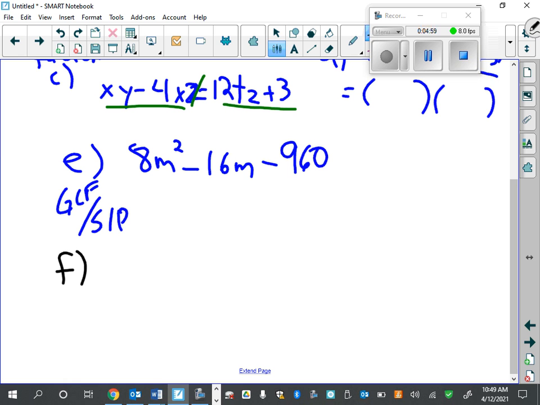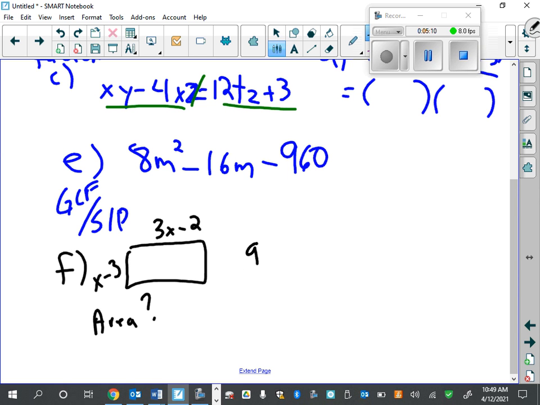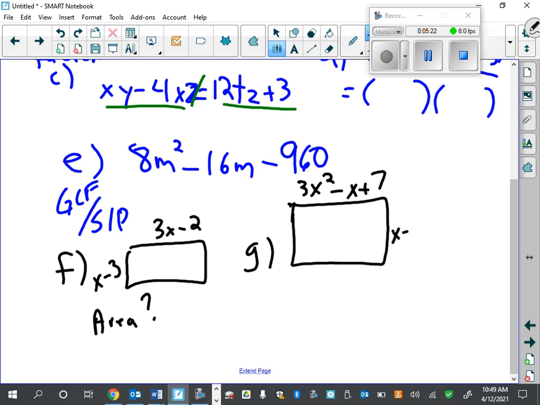F, find the area of this rectangle. G, find the area of this rectangle. This side is x subtract 5. And H, find the area of the shaded part.